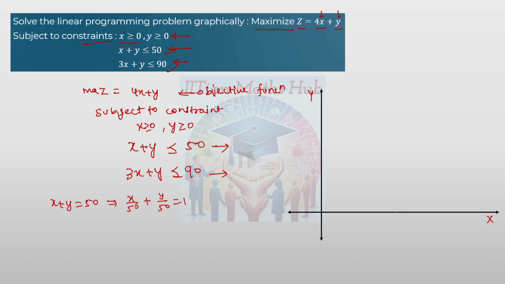So this is 50, somewhere here, and this is 50, somewhere here. So from here this line will pass, like this.